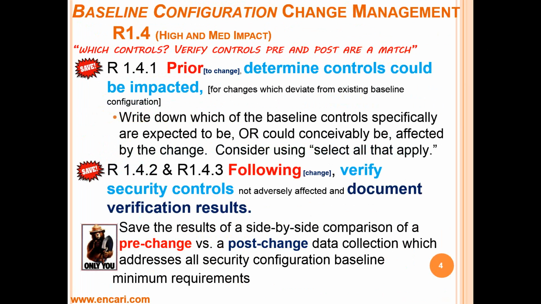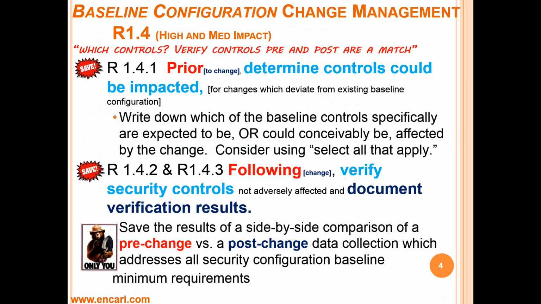I guess the next part is we need to verify that these controls came out the way that we expected with the pre and the post change. Right, and that gets back to what I was mentioning before. It gets back to saving your evidence. If you're maintaining, let's use the database example for Cisco routers.